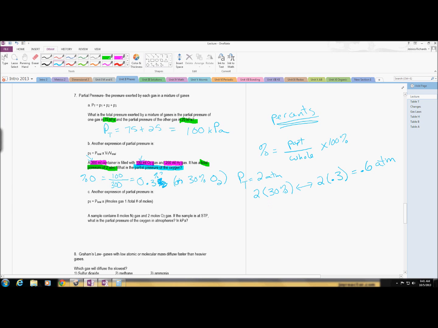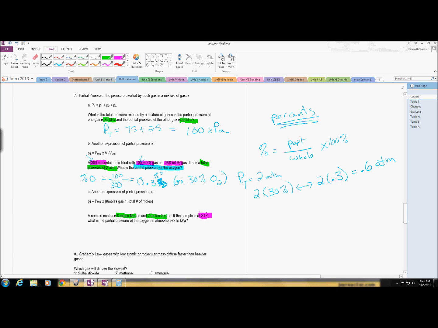There are going to be other ways to measure gases besides volume in milliliters. We're going to have this concept called a mole. So sometimes they're going to report amounts of chemicals and amounts of gases to you in moles. So this example says a sample contains 8 moles of nitrogen and 2 moles of oxygen. If the sample is at STP, here's that pesky STP again.